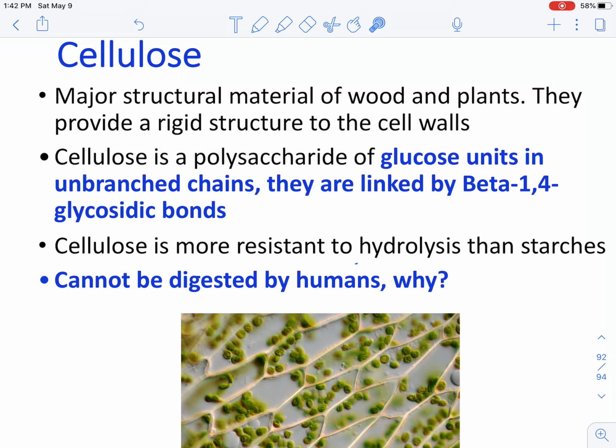It's just the flipping of that hydroxyl group on the anomeric carbon. Beta means that the hydroxyl group is going to be found on top of the plane of the anomeric carbon, whereas alpha means that the hydroxyl group is going to be found at the bottom part of the anomeric carbon.